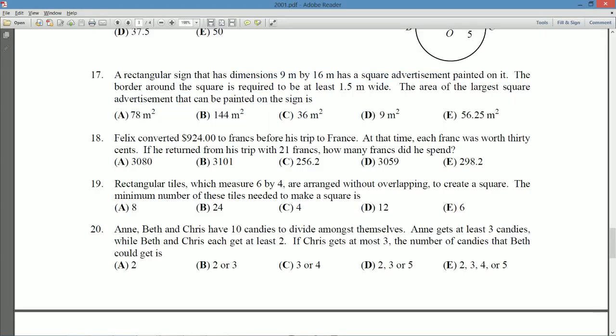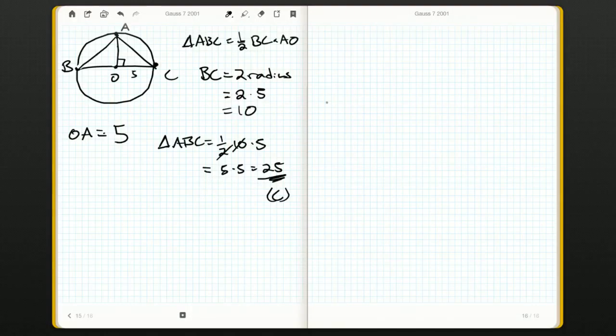Alright, so probably the best thing to do here is grab our pen and maybe draw a little bit of the picture.